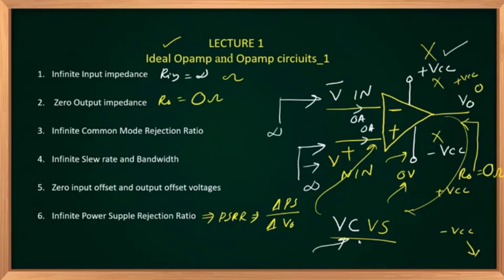Since it is a voltage controlled voltage source, its output can be modeled as a voltage source with zero series impedance, 0 ohms, an ideal source, and that is your output. The value of that output voltage is nothing but the differential gain multiplied by the difference between the positive and negative input terminals.